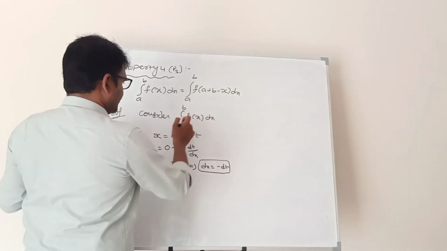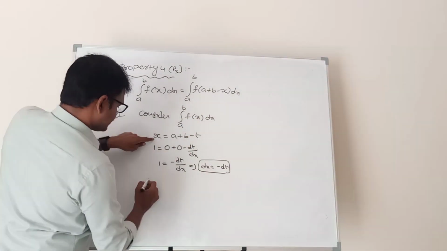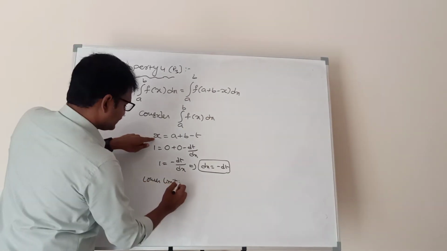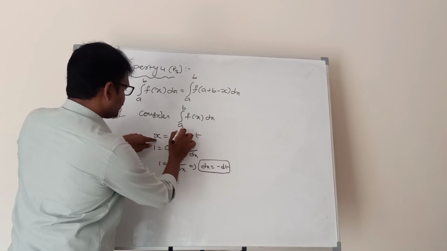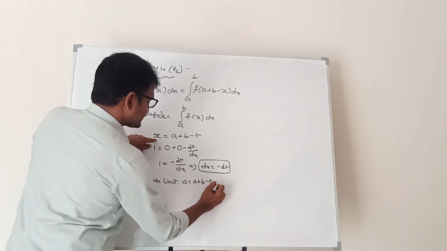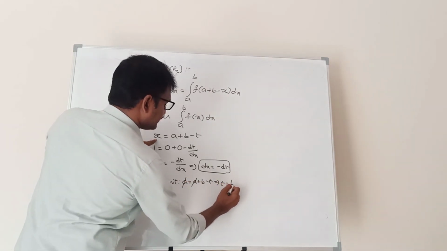Next, replace the limits. Lower limit: x equal to a, so a is equal to a plus b minus t. Plus a gets cancelled, so t is equal to b.